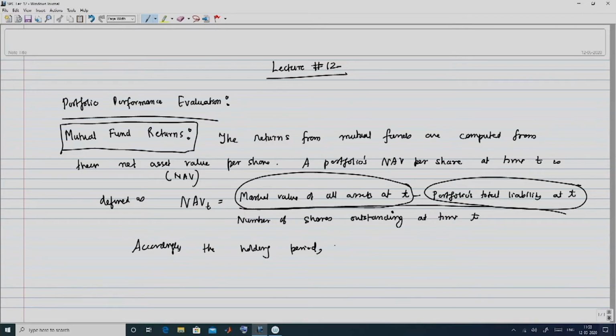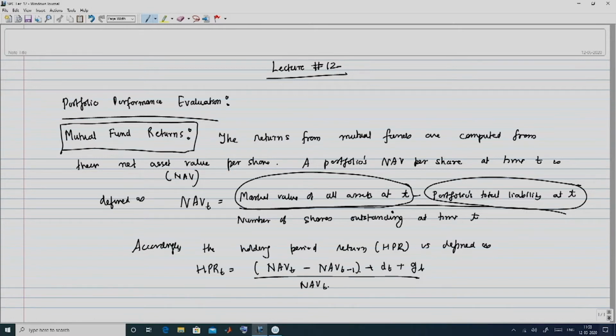So, the holding period return, which is often called HPR, is defined as HPR_t. What is this going to be? The return is going to be (NAV_t minus NAV_{t-1}), that means the change in the NAV in the time period, plus D_t plus G_t, divided by NAV_{t-1}.